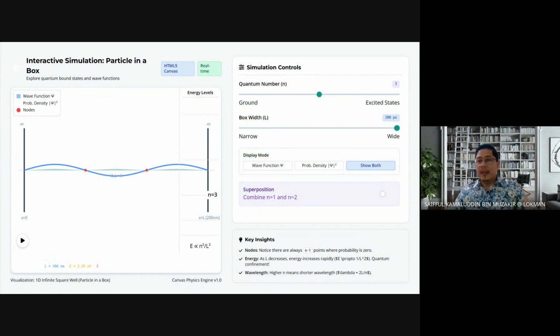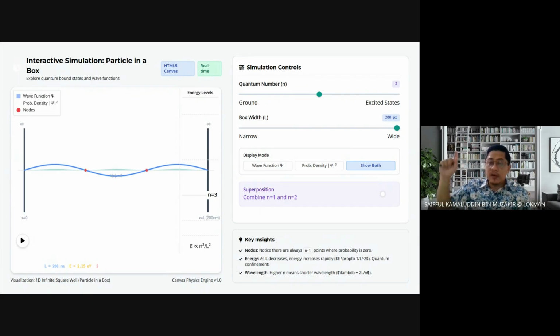Ingat gini je. E1, if n equals to 1, E1, it has certain energy level. So E2, the energy level should be to the power of 2. Square. So it's 4 times. How about the energy level for E3, square of 3, 9 times.